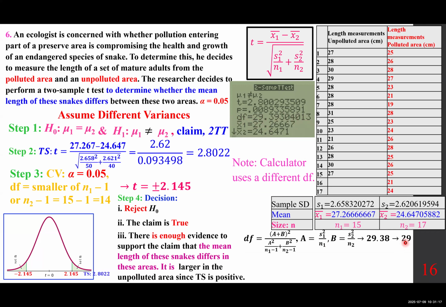So if you go with the table 29, that gives you the t-value. Take a look at the t-value. So critical value alpha is 0.05, degrees of freedom is 29, round down always. You get plus minus 2.045 from the table. Take a look at this one. That's what you get here.